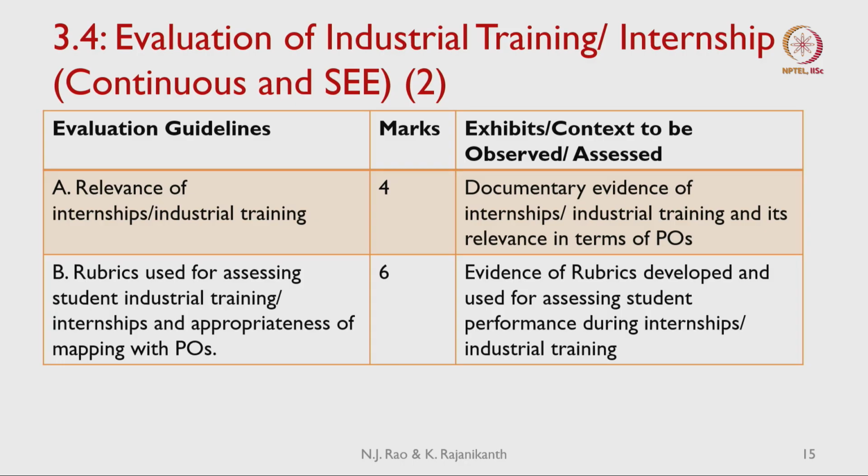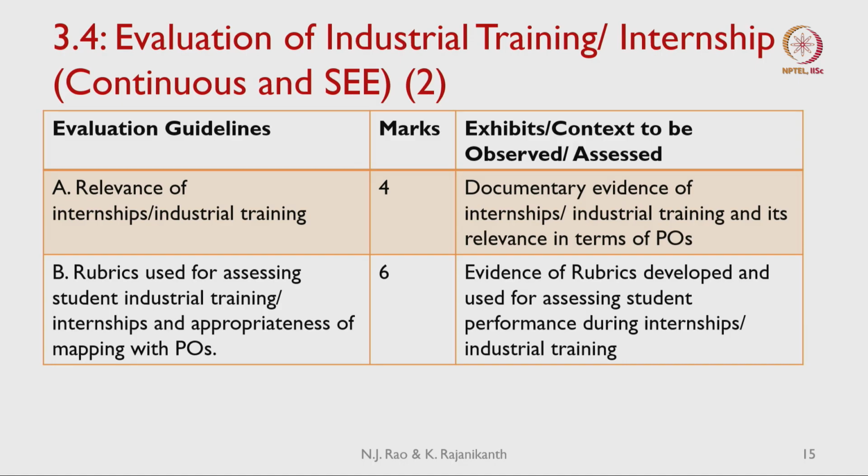So, the guidelines are relevance of internship industrial training, what are the POs and PSOs to which this activity is mapped, and how the attainment of those POs and PSOs is computed, and what kind of rubrics are provided. These are all used as evaluation guidelines.